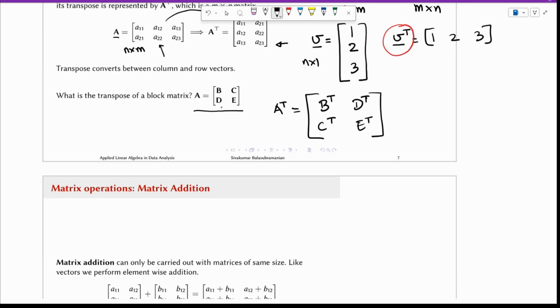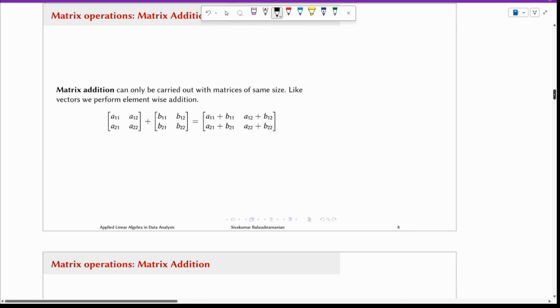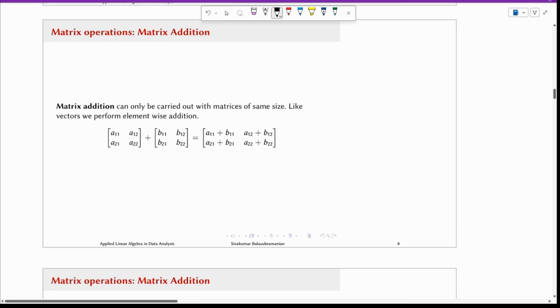You take the block columns and convert them into block rows, and then you take the transpose of individual elements of each block row. That's all. Or the other way around: you take the block rows, convert them into block columns, and then take the transpose of each. Okay, and you can verify this for that 3 cross 4 matrix that we just saw. So that's the transpose operation.